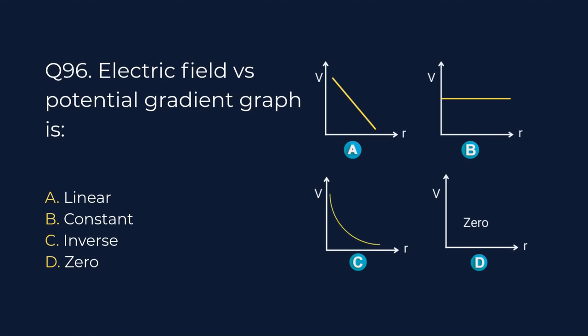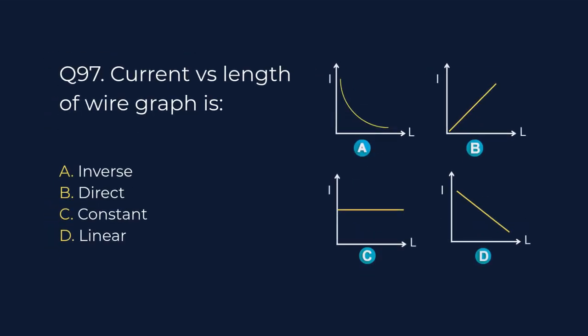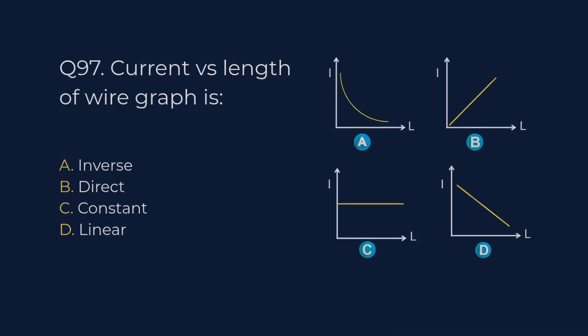Question 96. Electric field versus potential gradient graph is option A linear, option B constant, option C inverse, option D 0. Question 97. Current versus length of wire graph is option A inverse, option B direct, option C constant, option D linear.